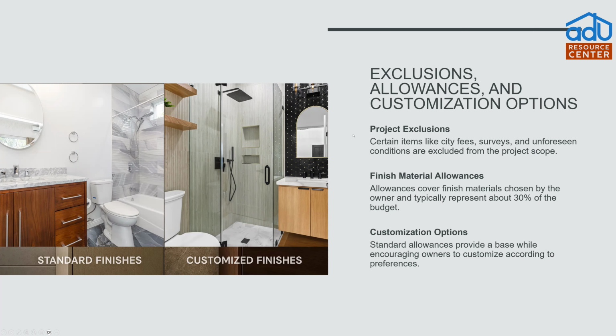But if we look over here in this customized finish picture, with the black tile, a small, intricate mosaic, it looks gorgeous behind that vanity, but that's a $30 per square foot tile. As you look at that, how many square feet are there? Not very much, right? So 30 times what? It's not very expensive when you look at it at the end of the project, right?